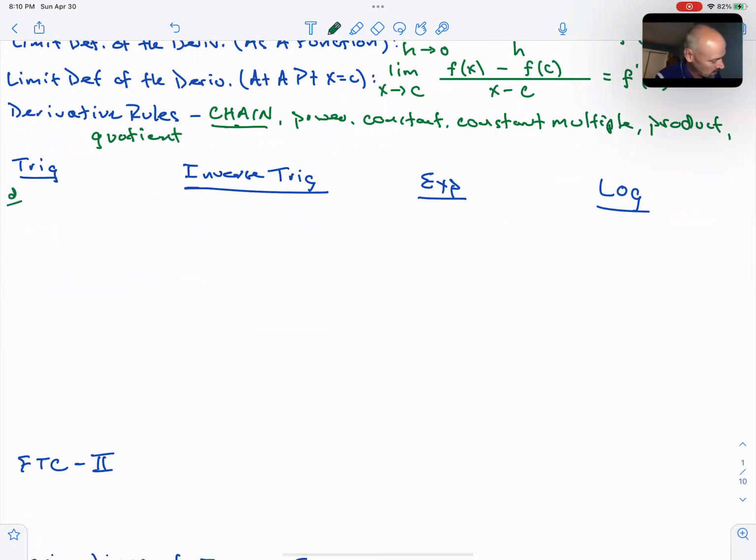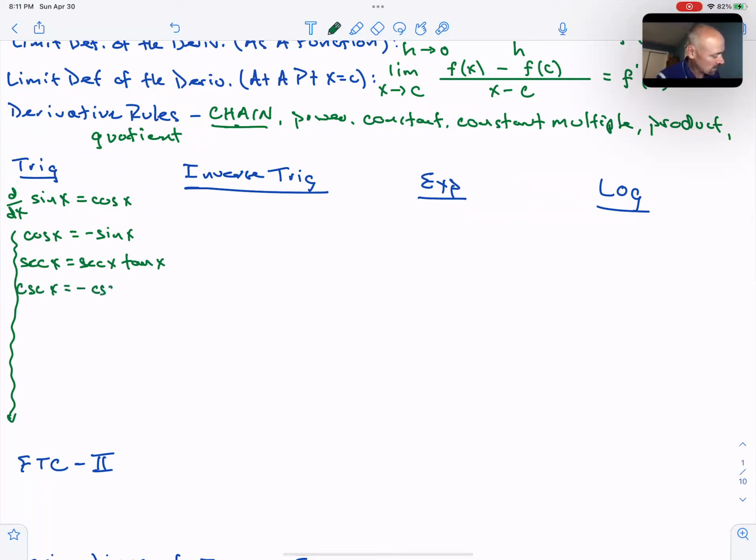So the trig rules, so this is going to be d dx of all these. d dx of sine of x is going to be cosine of x. d dx of cosine of x, that d dx is just going to go for all of these, is going to be negative sine of x. d dx of secant of x is going to be secant of x tan of x. d dx of cosecant of x is going to be negative cosecant x cotan x. d dx of tan of x is going to be secant squared of x, and d dx of cotan of x is going to be negative cosecant squared x.